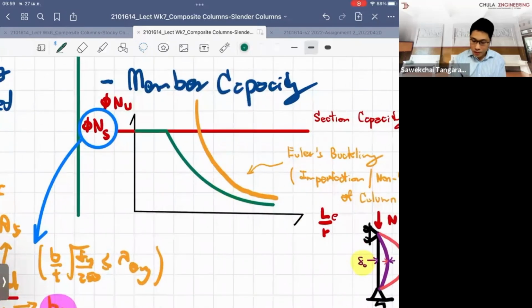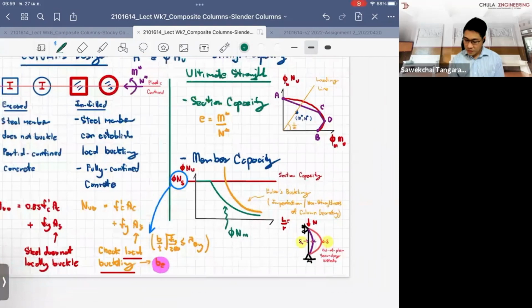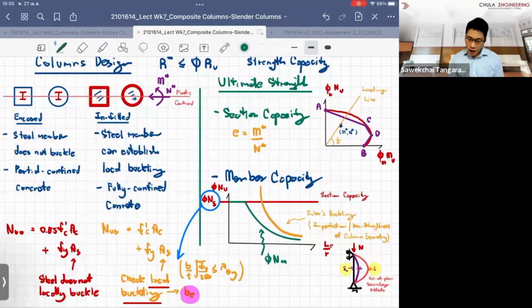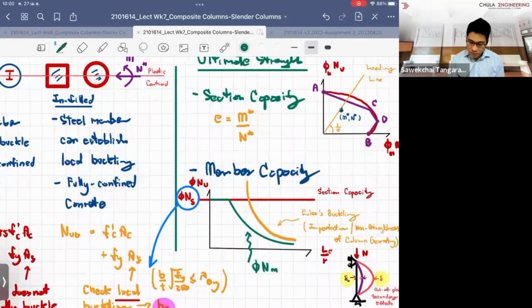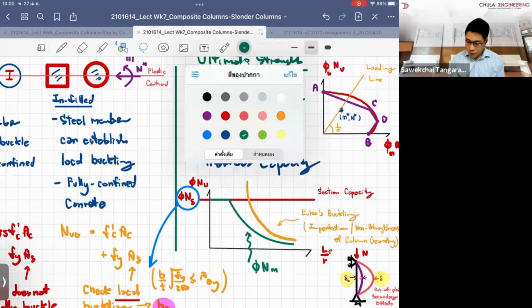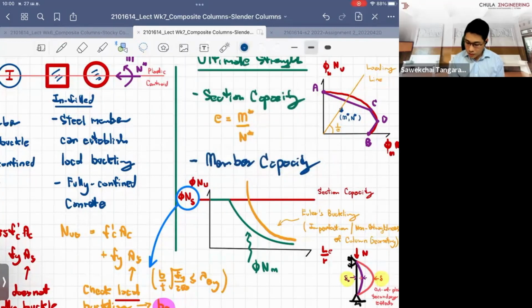The graph that we see over here talks about the capacity under the NM. So you might see that in order to approximate the member capacity, for both the concrete and the steel design, they have different concepts.